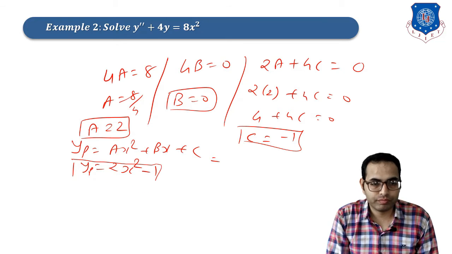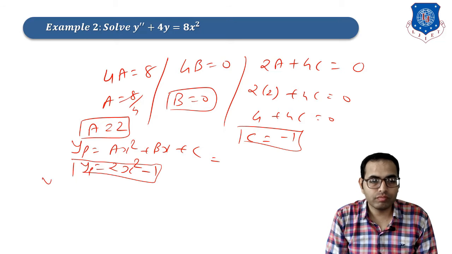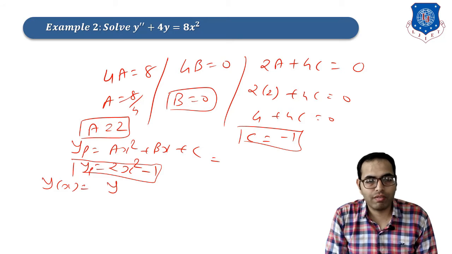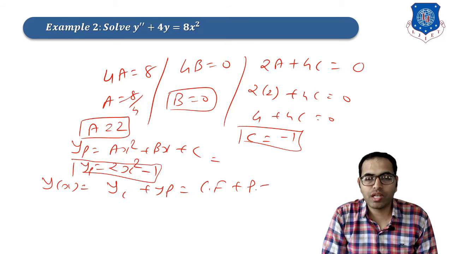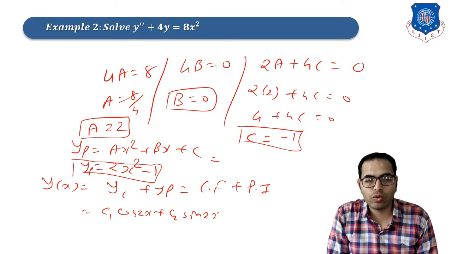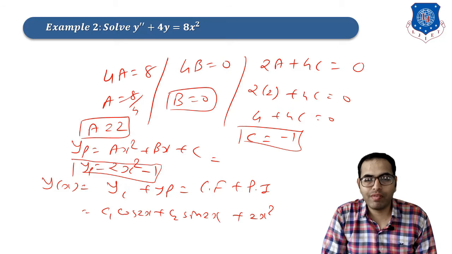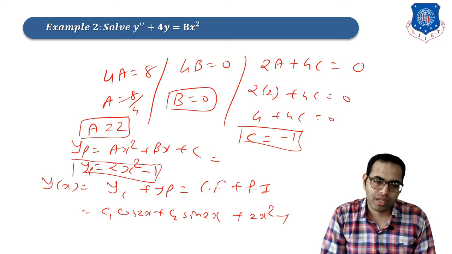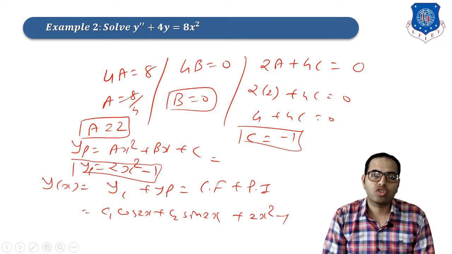Now y of x equal to yc plus yp, that is a combination of the complementary function and the particular integral. Then yc, which is c1 cos 2x plus c2 sin 2x, and yp, which is 2x square minus 1. That is our general solution.